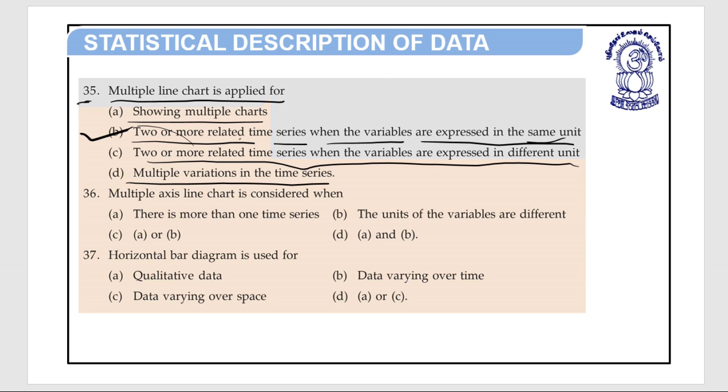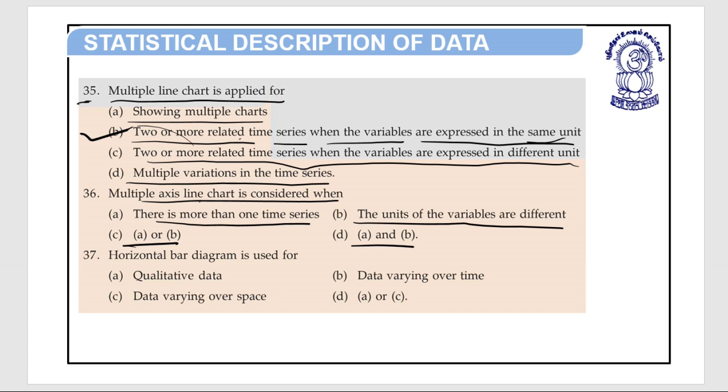Question number 36. Multiple axis line chart is considered when first, there is more than one time series, the units of the variables are different.